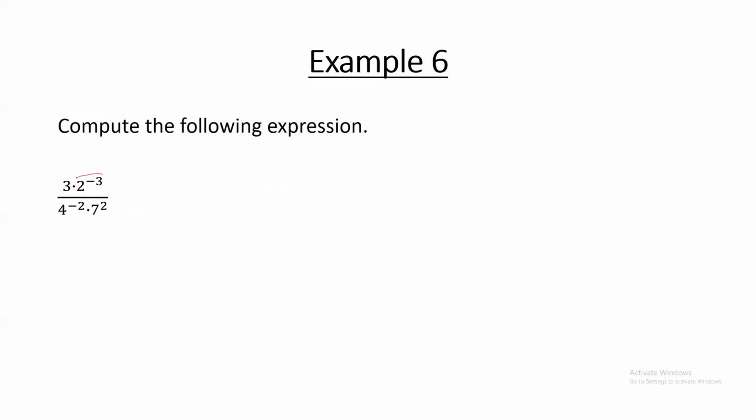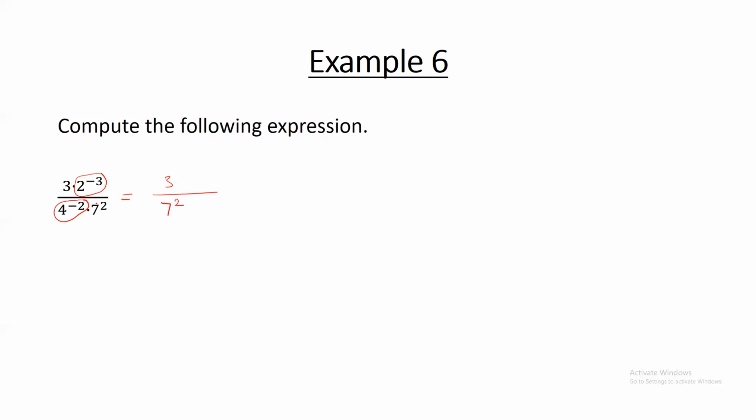Notice that 2 to the negative third is a number raised to a negative power. 4 to the negative second is a number that's raised to a negative power. But 3 and 7 are not raised to any negative power, so those don't have to move. The 3 will still stay on top. The 7 squared will stay on the bottom.